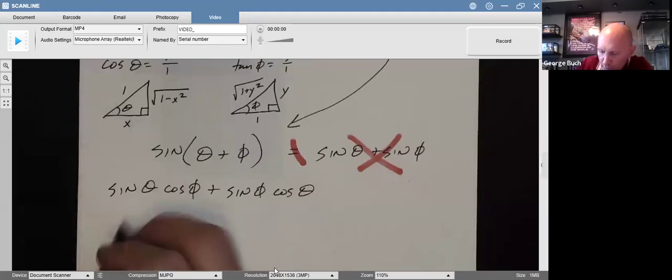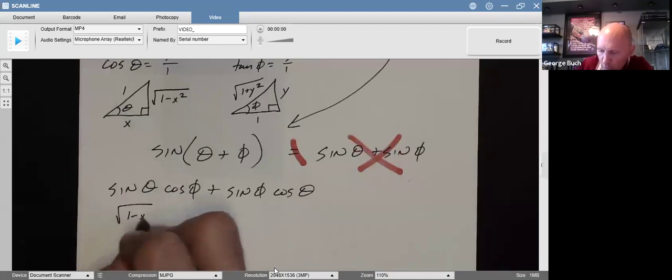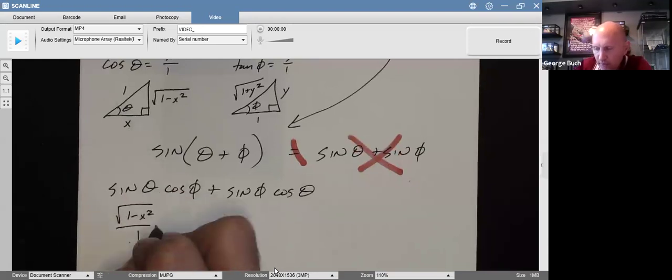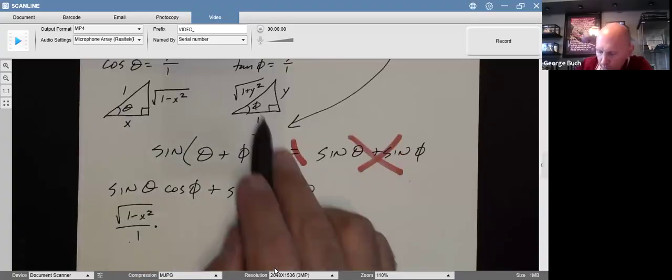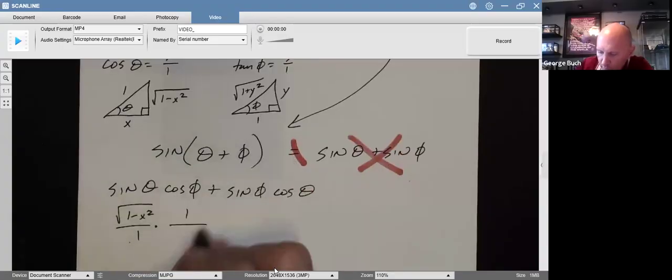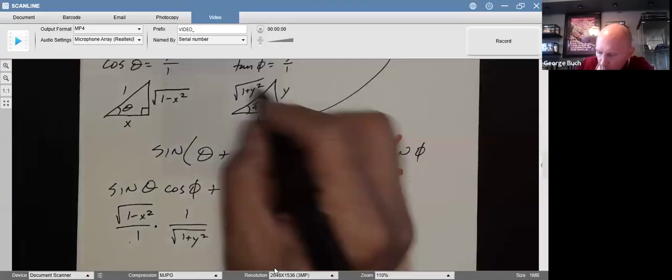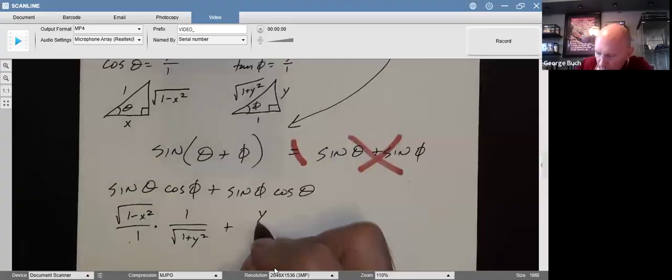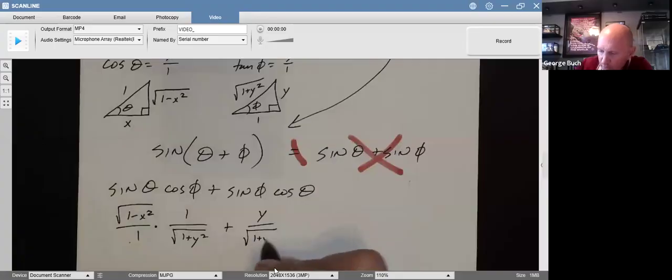So square root of 1 minus x squared over 1. Cosine of phi, 1 over square root 1 plus y squared, plus sine of phi, y over square root of 1 plus y squared, times cosine of theta, x over 1.